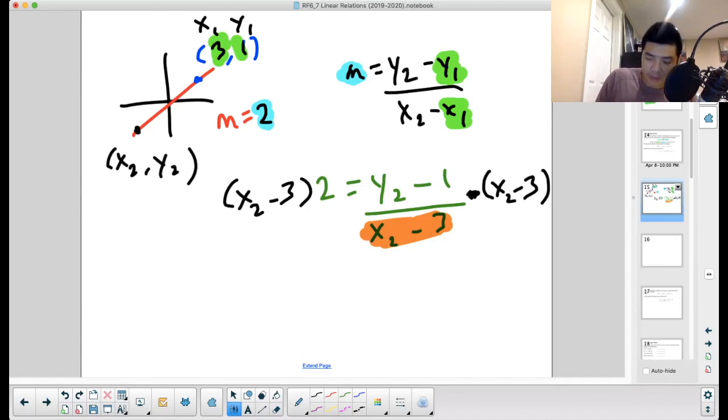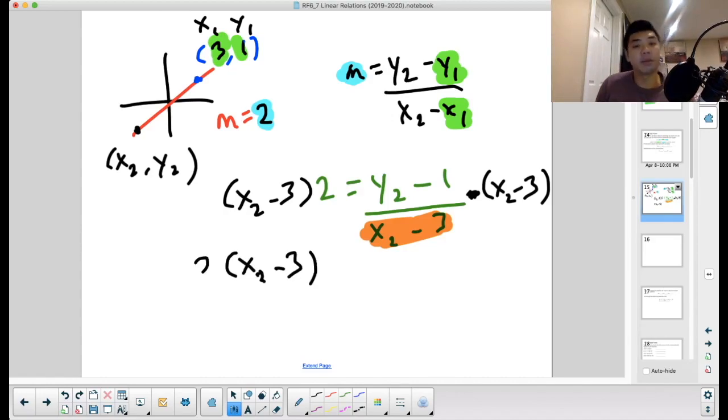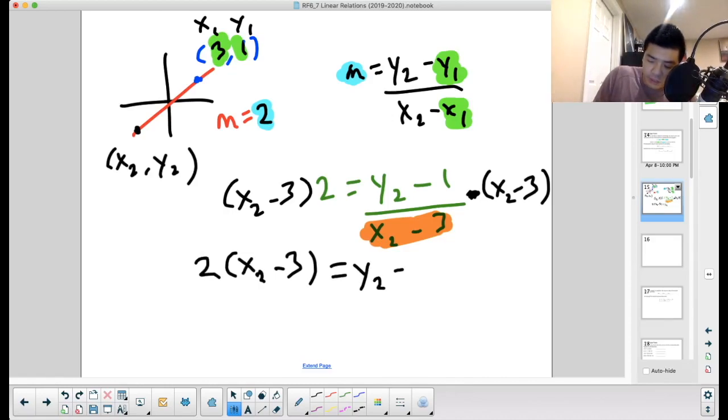If I clean this up a little bit, I'll end up with x2 minus 3 times 2, or in this case, I'm going to put that 2 in front, is equal to y2 minus 1. So that will give me my equation there.